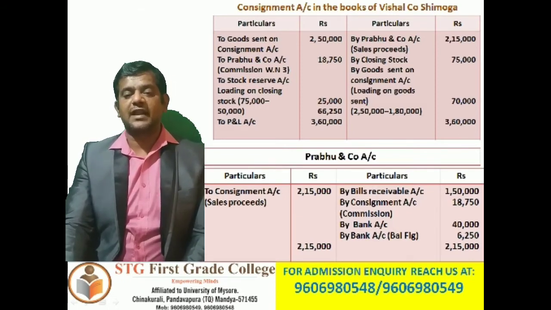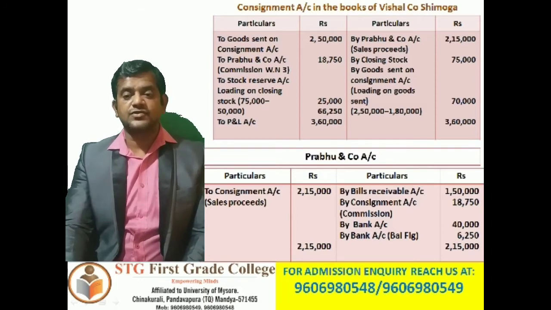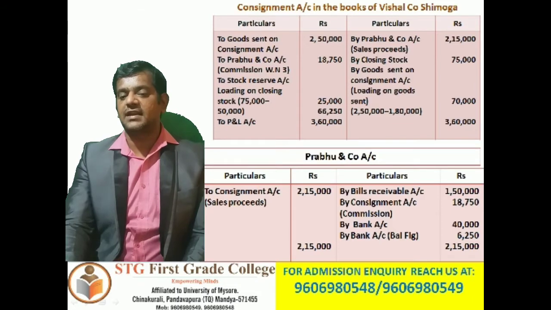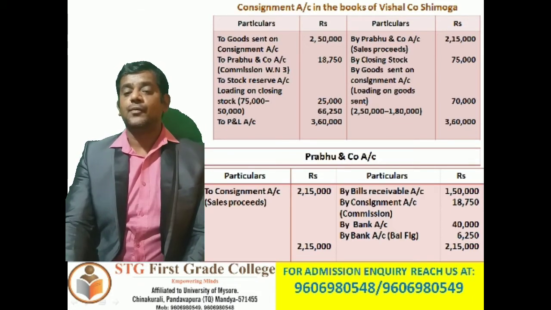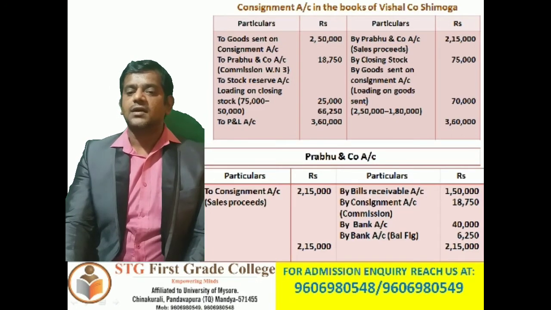Clear? The amount is settled immediately by the bank after 3 months; the bill was drawn by Vishal and Company. So that is where we get to know about that. So here the advance paid is 1,50,000 rupees.